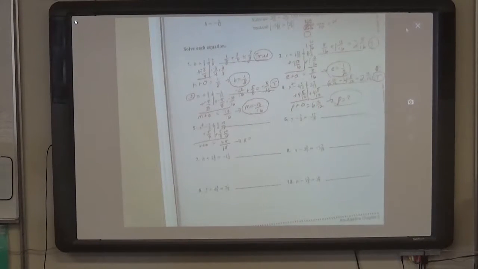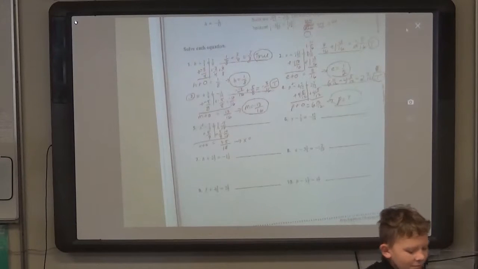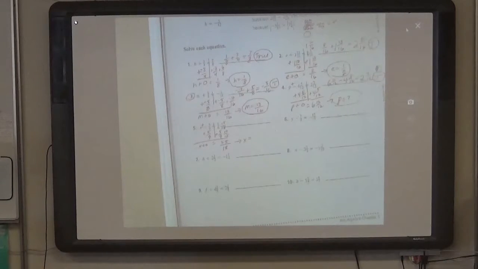Do we just put 25? No, you have to convert it to a mixed number. How do you do that? You do 25 divided by 18, which gives you 1 and a remainder of 7, so 1 and 7/18. Now remember that. Yes, okay.